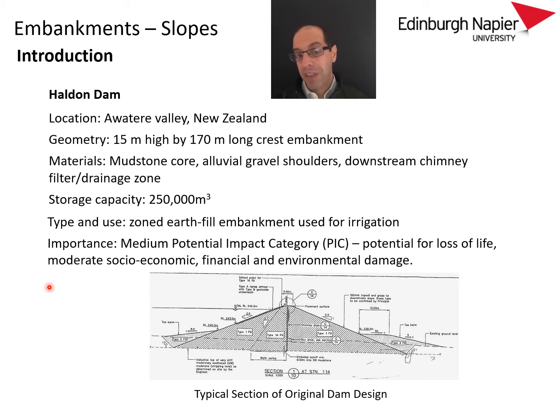But despite that name of medium, what that means in their context is that there is potential for loss of life, moderate socioeconomic, financial, and environmental damage. So clearly, it's the type of dam that you don't want to see failing.